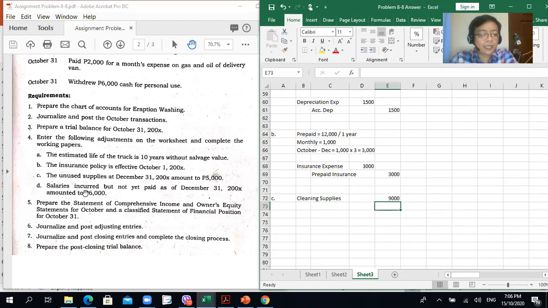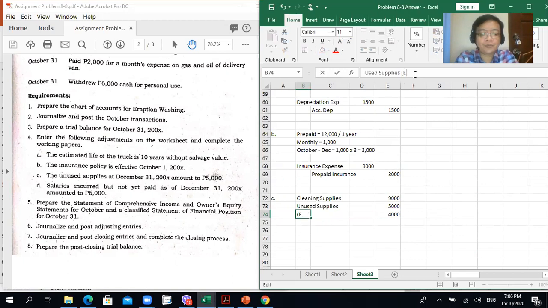It says here unused supplies, the unused supplies is worth 5,000. If we subtract 5,000 from 9,000, what do we call this? It is called used supplies. They have already been used. If already used, it will become part of your what?